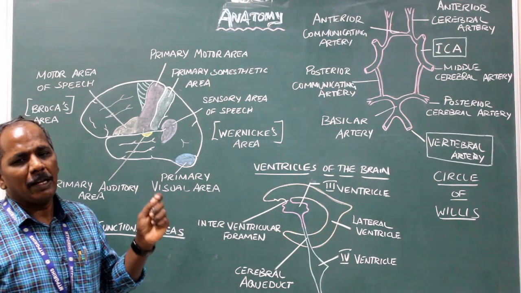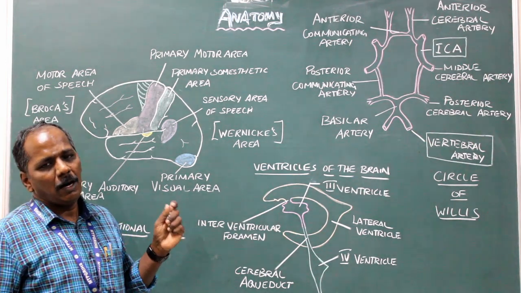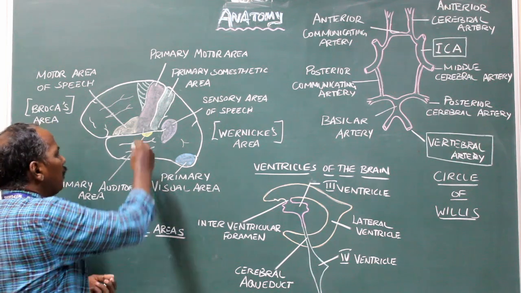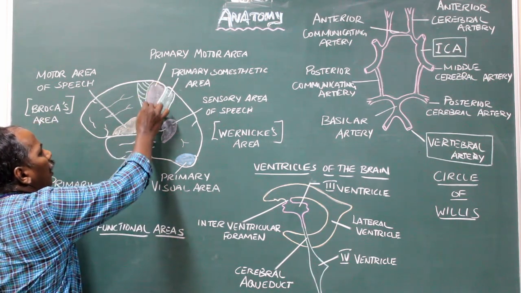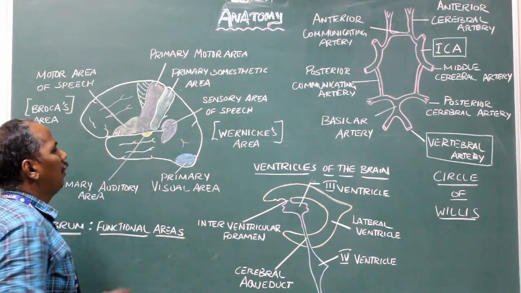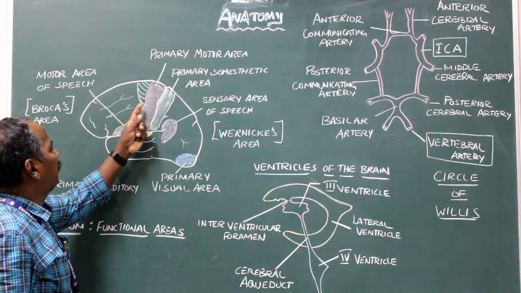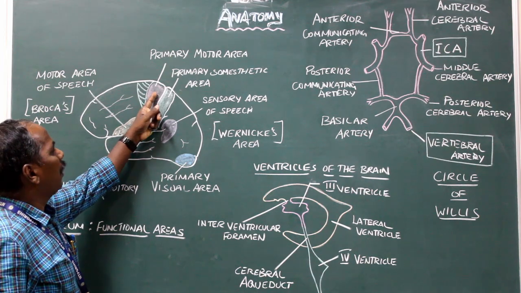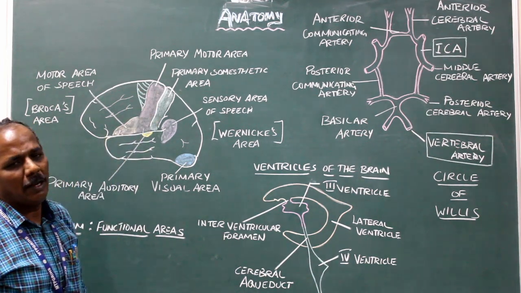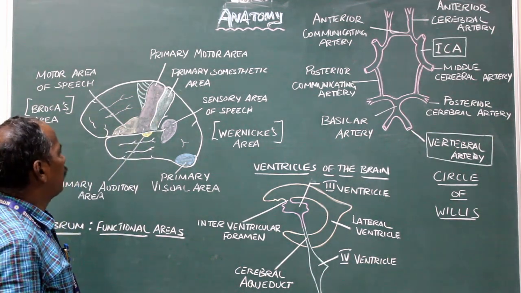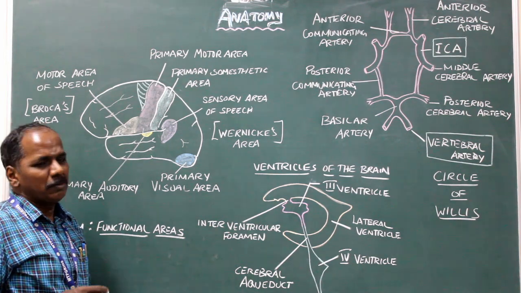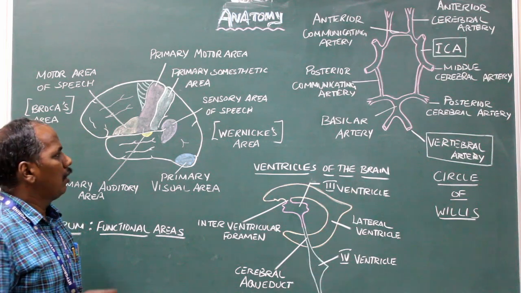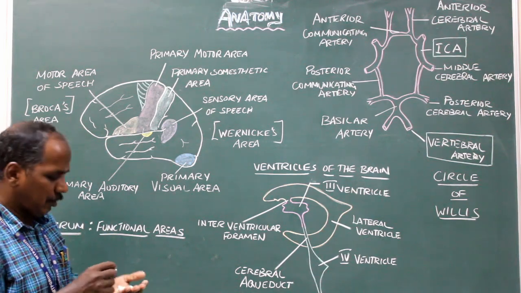Secondary motor area or premotor area. This is the secondary motor area or premotor area. It is present in the frontal lobe, anterior to the primary motor area. Number 2, secondary sensory area or association sensory area.